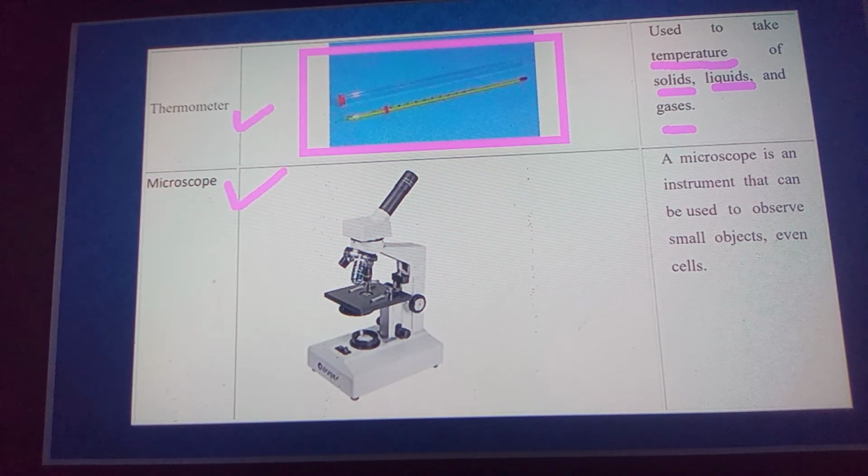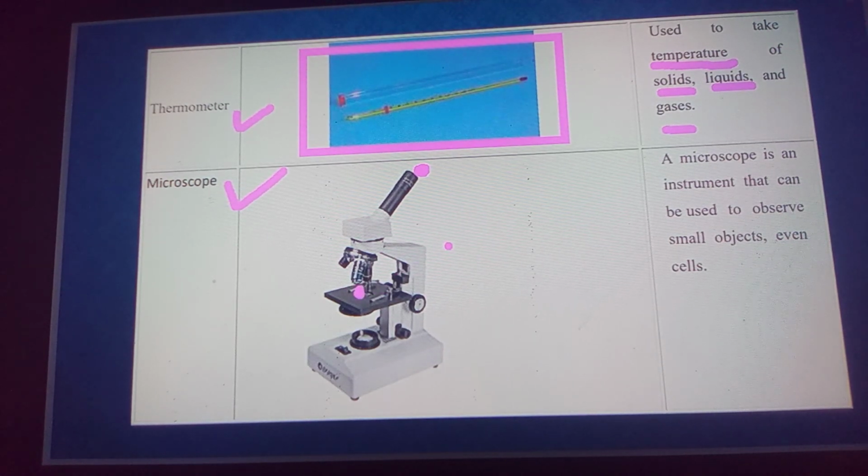Now microscope, but also we can call it compound microscope because it is made up of two lenses, like the eyepiece and the objective lens.